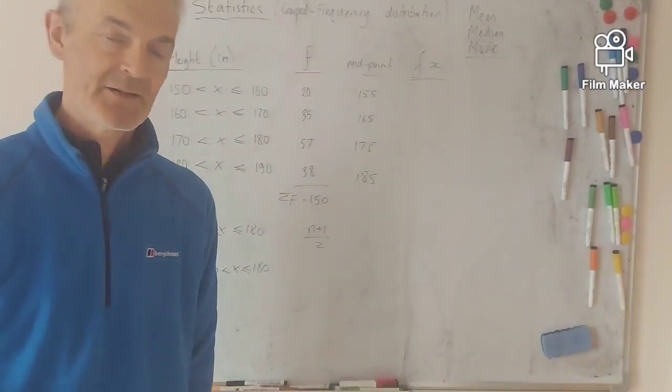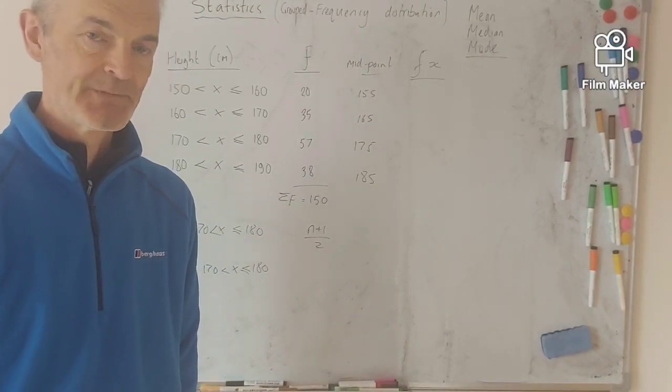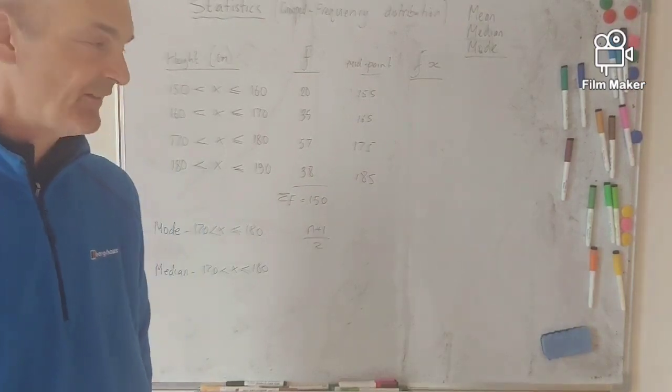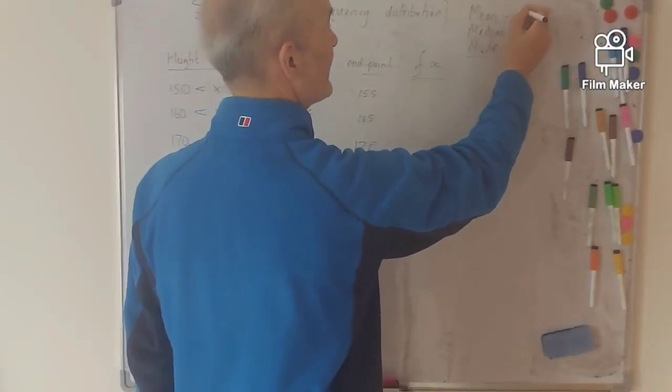So what effect is this going to have on our mean value? Well, in questions on exam papers, they're always going to ask you to find an estimate for the mean.